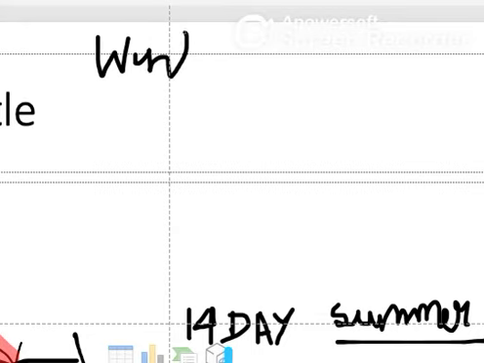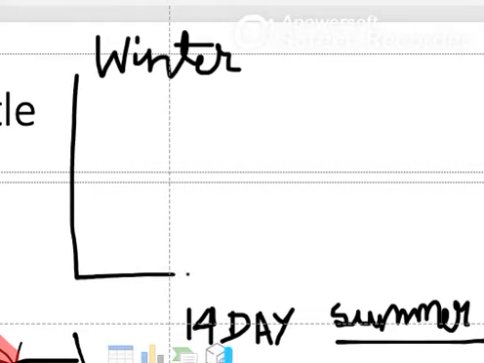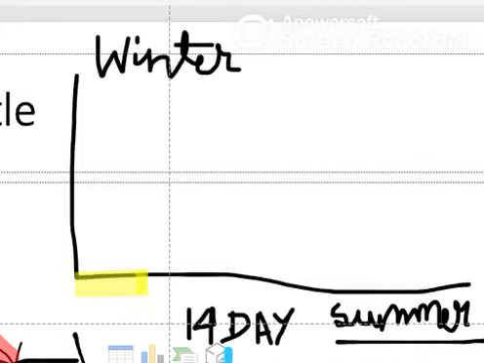In winter, there are longer nights and shorter days, right? So if I draw a graph of the winter hours, suppose the daylight is this much, and these are the hours of darkness, which are longer in winter, and then the daylight comes back, which is shorter.